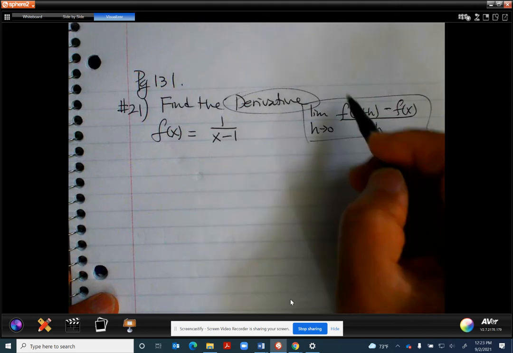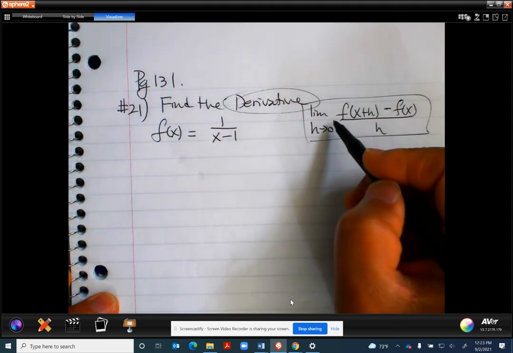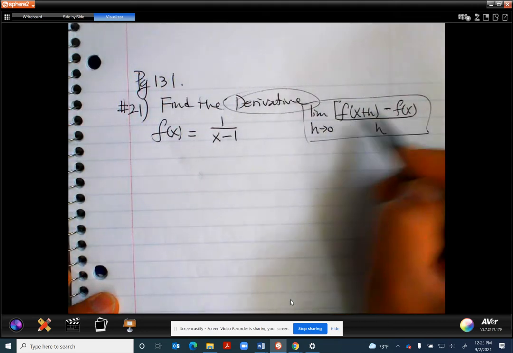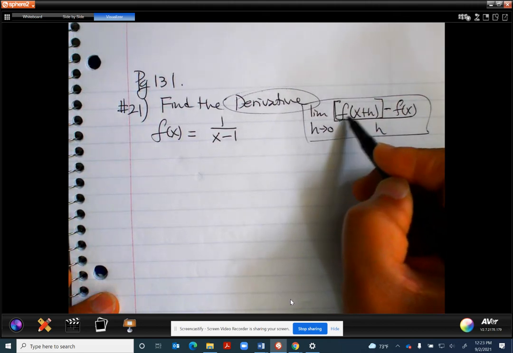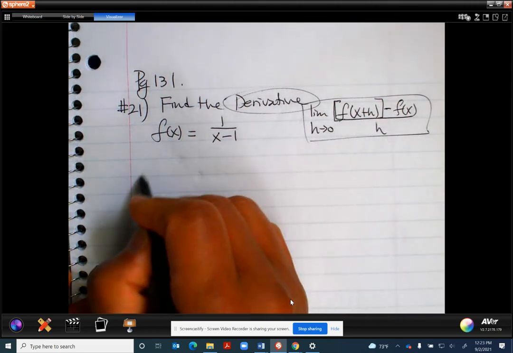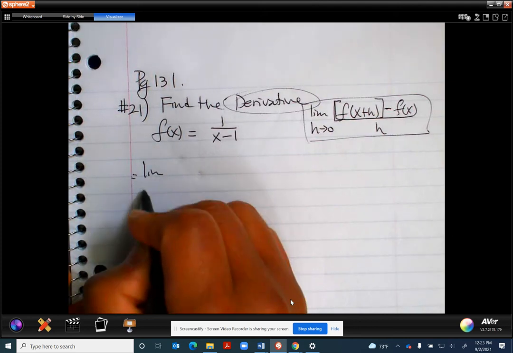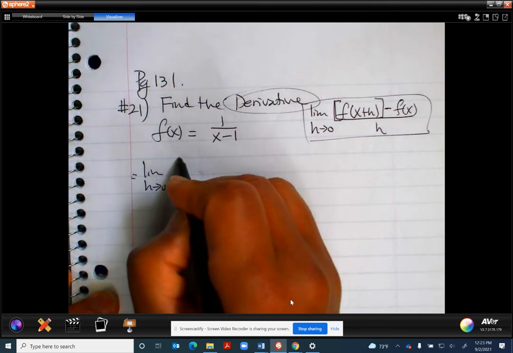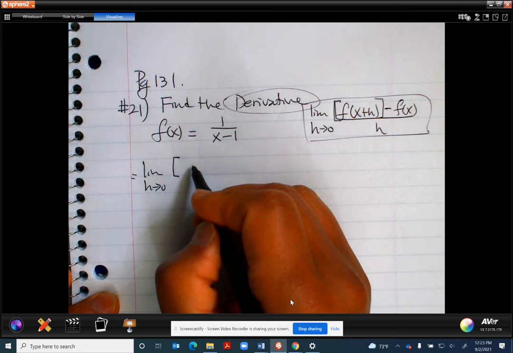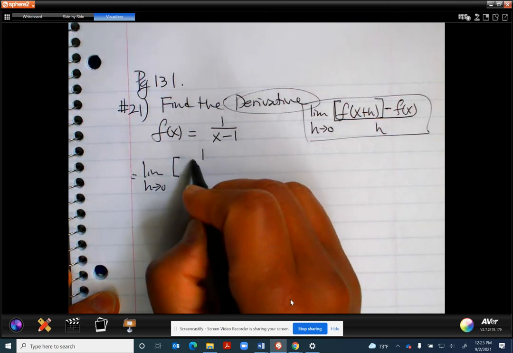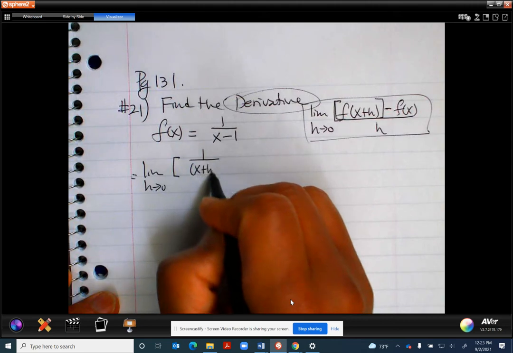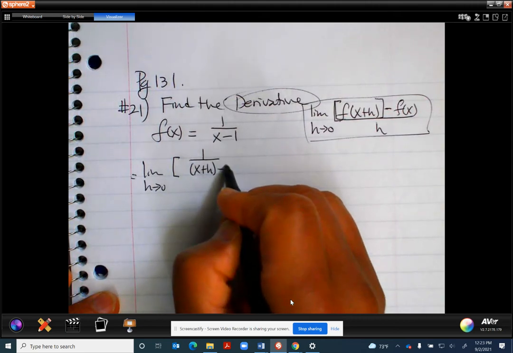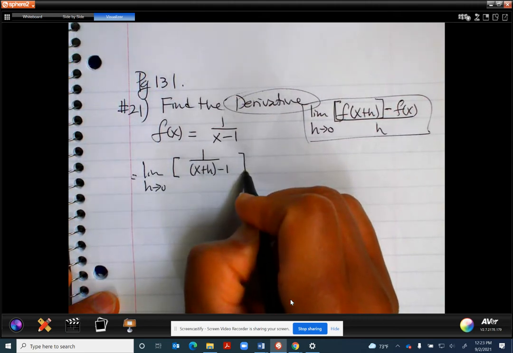Okay, so stay with me now, okay? Don't copy anything, stay with me. Can someone tell me how to find our first bracket, which is f of x plus h? Do you know that? Say it out loud, I can't hear you. 1 divided by x plus h minus 1, and close the bracket.